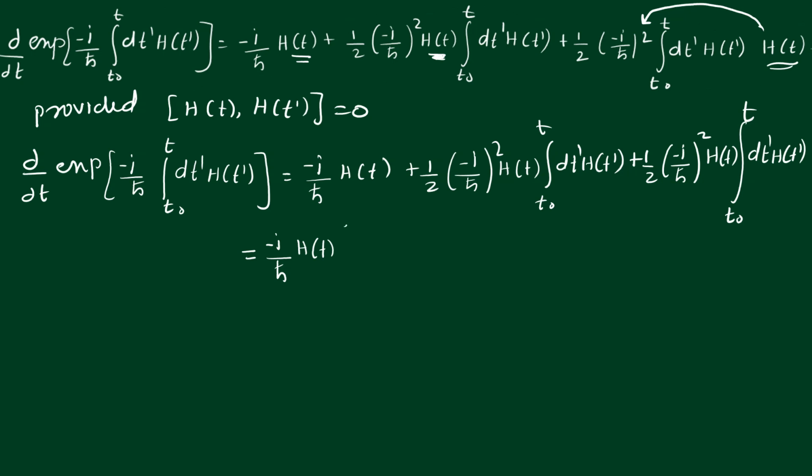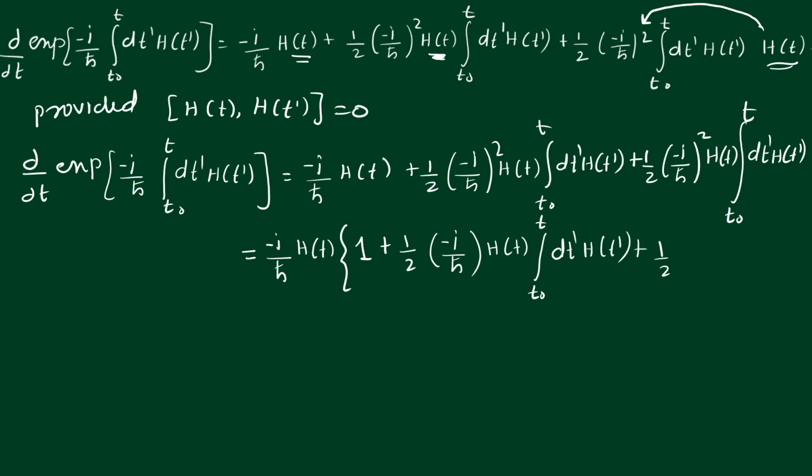This is pulled out, and we are left with 1 plus, so here we have got half minus i/ħ, because there's a square here, one of which I have pulled out.